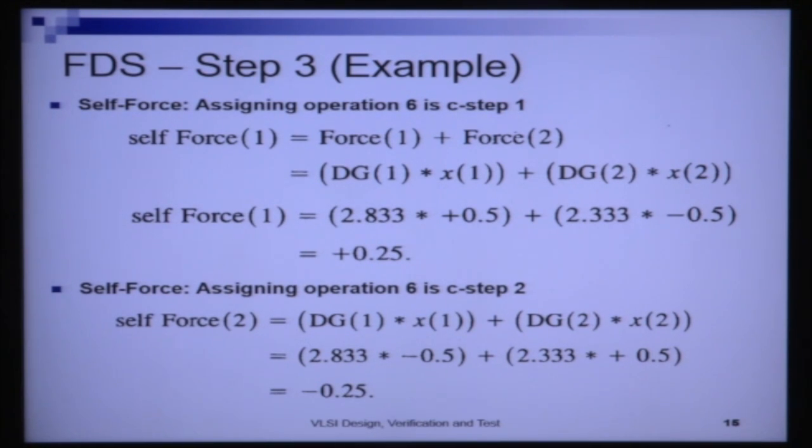So, the total self force for scheduling operation V6 at time step 1 becomes 2.833, which is the distribution value from the distribution graph of the multiplication operation at time step 1, multiplied by plus 0.5, which is the change in probability of operation V6 if it is scheduled at time step 1, plus the distribution value for the multiplication operation at time step 2 multiplied by the change in probability for not scheduling the multiplication operation at time step 2, which is minus 0.5.